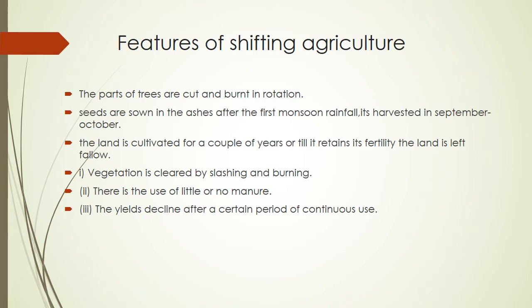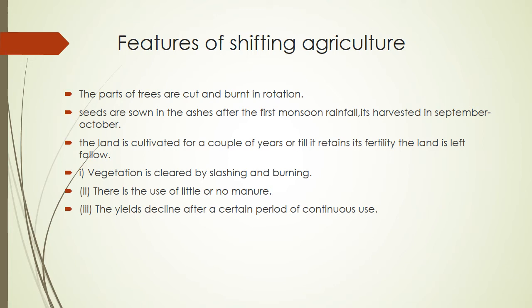The land is cultivated for a couple of years, and after that it is kept fallow till it retains its fertility. Vegetation is cleared by slashing and burning. So slash and burn is the main purpose of shifting agriculture.